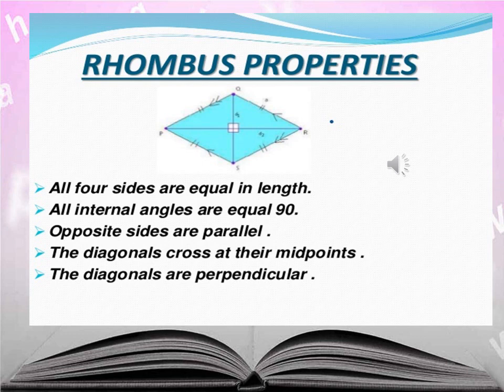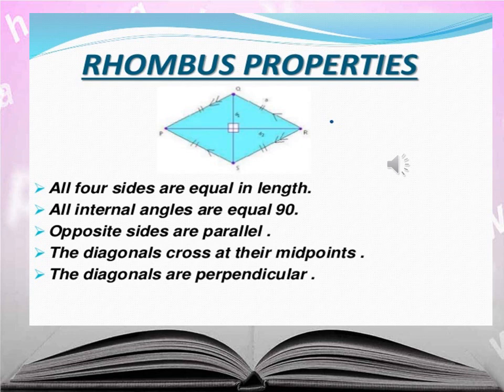Let us now look at the rhombus. The properties of a rhombus are as follows. All the four sides are equal in length, so it's like a twisted square. The diagonals meet at 90 degrees, and the angles they produce at that particular point of intersection are right angles.